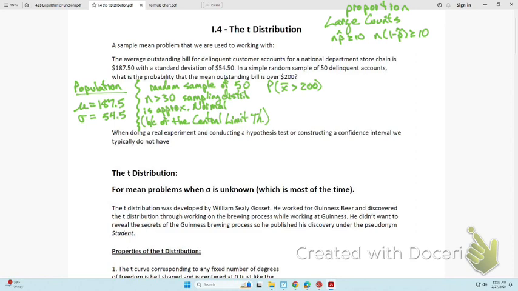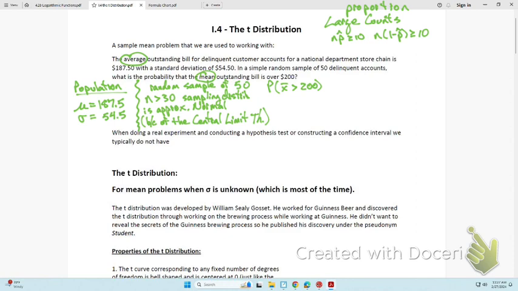But if we're talking about means, right here and right here, it's the central limit theorem, this concept right here. If n is just plain old large, larger than 30, we can say it's normal. All right, so that's a little bit of review.